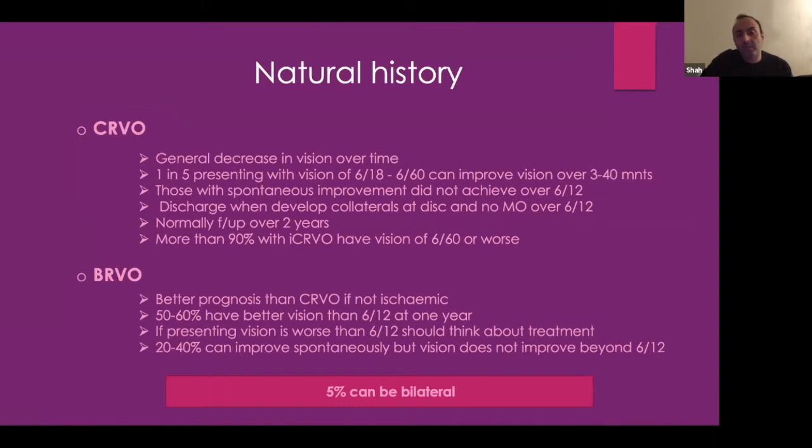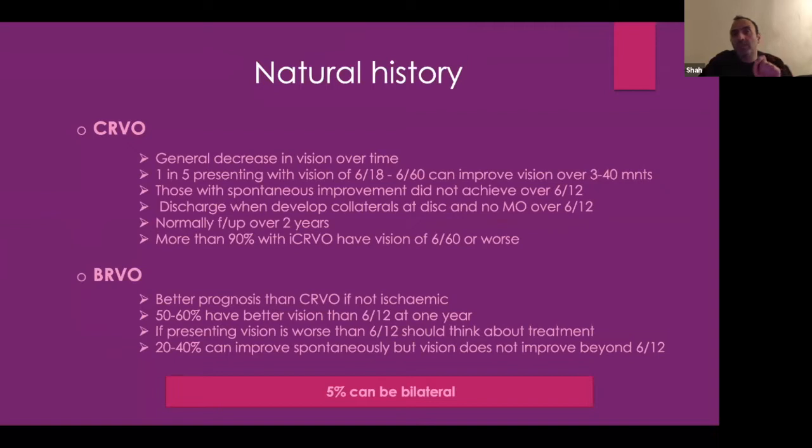Whereas in branch vein occlusion, as I mentioned, it's a better prognosis, especially if it's not ischemic. A much higher proportion have vision of 6/12 or better at year 1. And 20 to 40% can improve the vision spontaneously without treatment, but vision doesn't often go beyond 6/12. So early treatment is quite important.